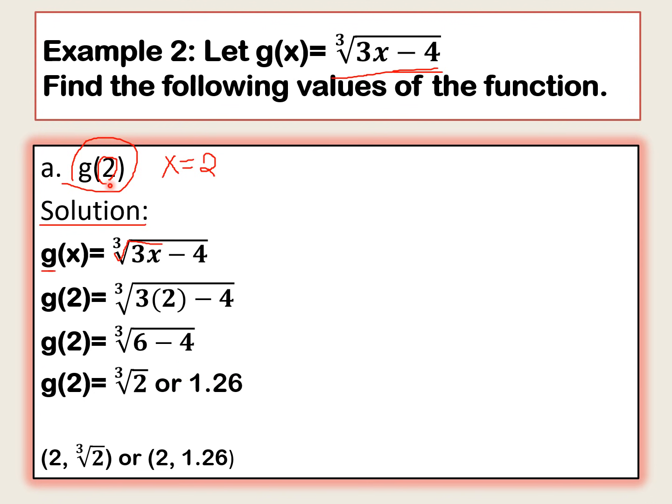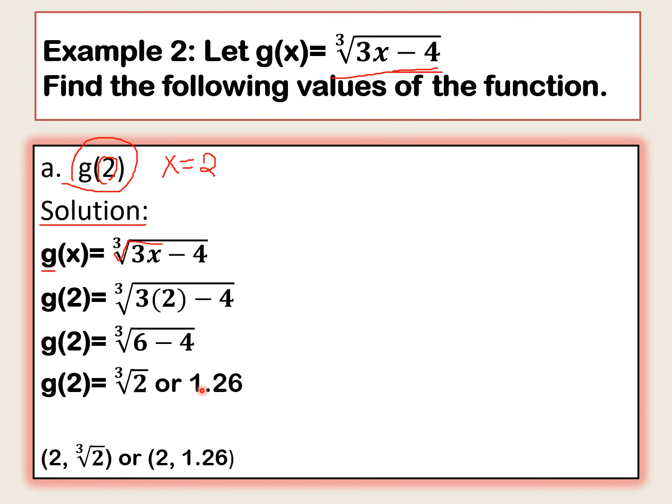So, if our x is 2, our y is cube root of 2. This is the exact value. Okay? Cube root of 2 is the exact value. Then, 1.26 is the estimated value kasi nag-round off tayo. Ulitin ko lang that cube root of 2 is the exact value and 1.26 is the estimated value.